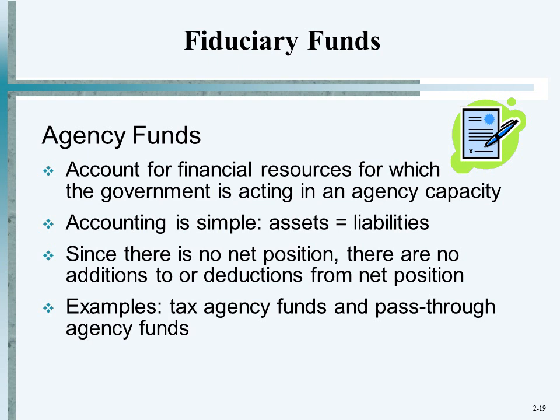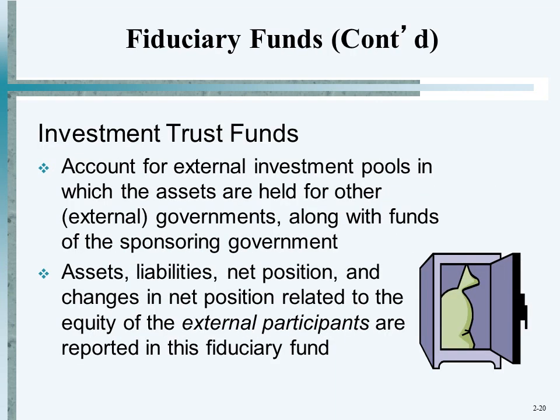That one bill is payable to Jefferson County, but a portion of it is for city property taxes that they would hold in an agency account and remit to the city of Birmingham. Investment trust funds, these are external investment pools, and the assets are held for other governments along with funds of the sponsoring government.